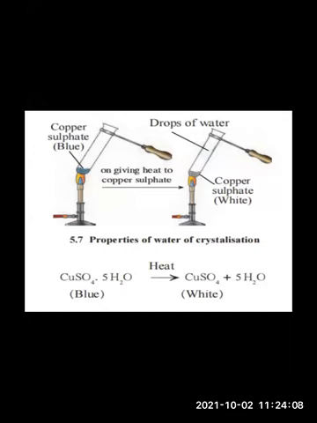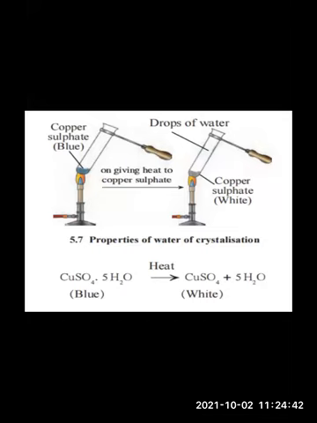Take the example of carbon dioxide plus sodium hydroxide. What are we getting? Sodium carbonate and water. So CO2 plus NaOH will give Na2CO3 plus H2O. Again, if you take potassium hydroxide instead of sodium hydroxide, carbon dioxide plus potassium hydroxide will give potassium carbonate plus water. That is CO2 plus KOH will give K2CO3 plus H2O.